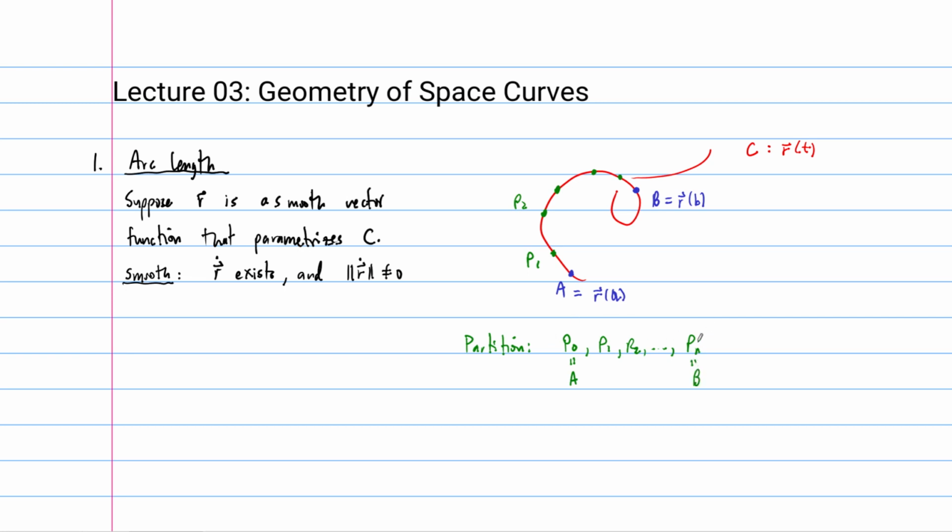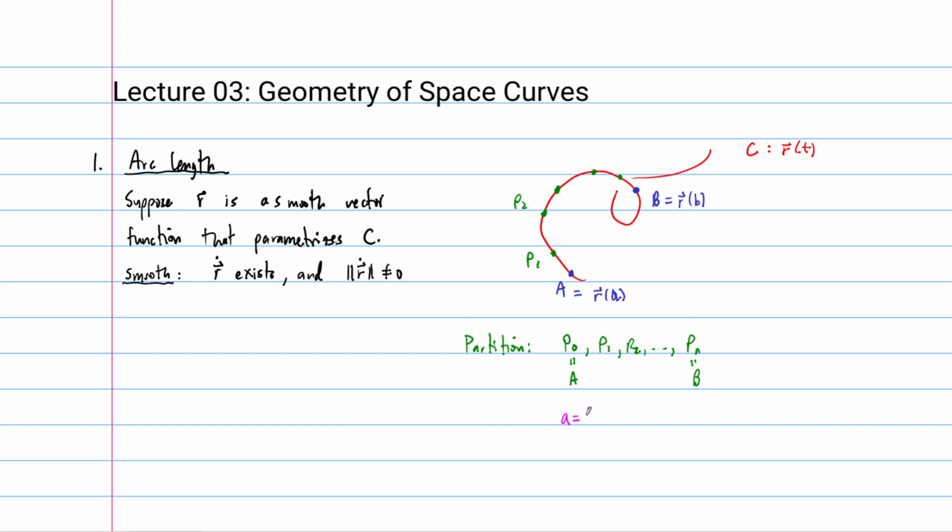All right, and these points will correspond to t values, right? T values between A and B. So right now what I've written here in green is in reference to the points on the curve itself. But remember, we've got this vector function which parametrizes the curve. And so these are going to also correspond to the following. We're going to have a kind of a partition of the t values as well, right?